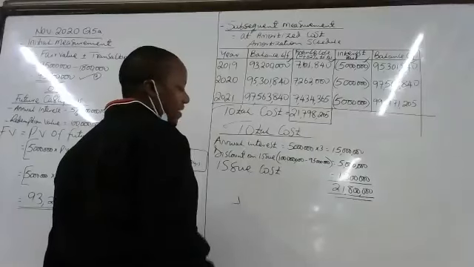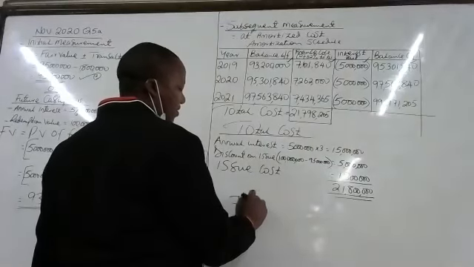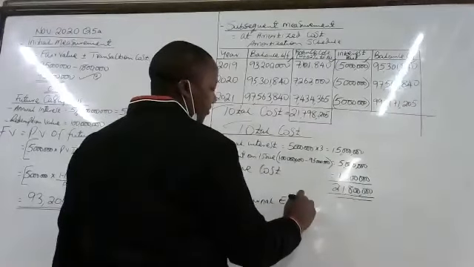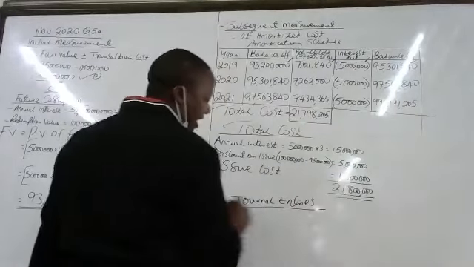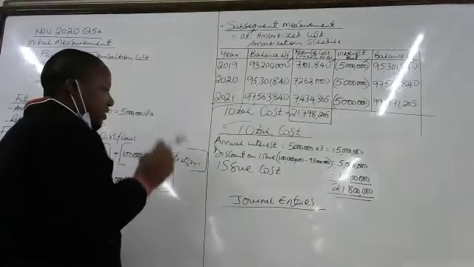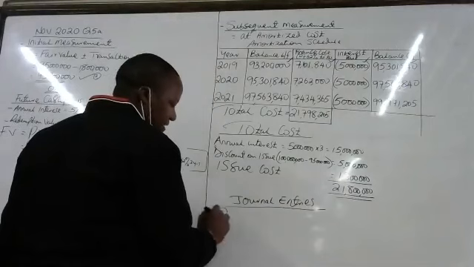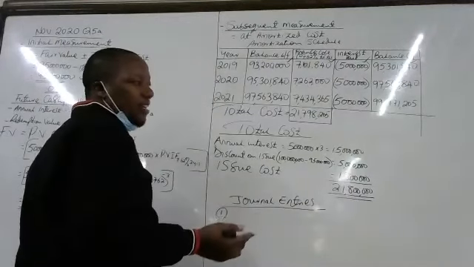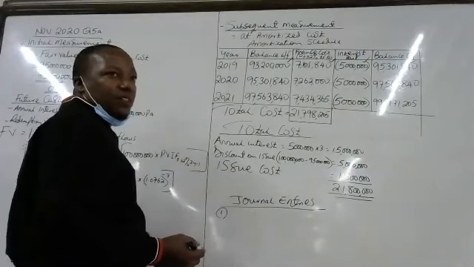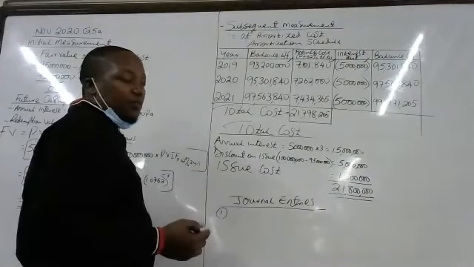Journal entries. So that we see, were they right? Such that the first year, or initially, they received the money, is it? They received 95 million, is it?